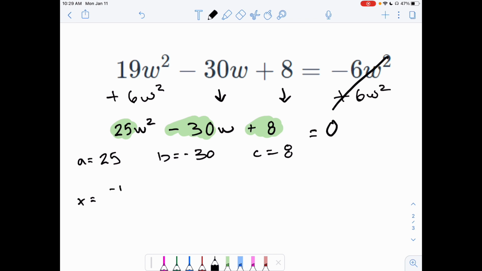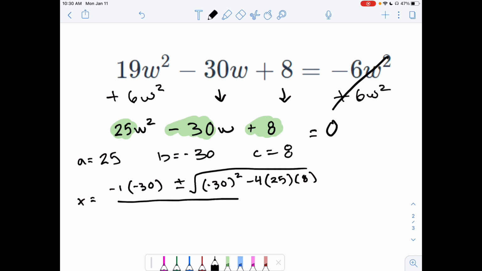So I need -1 times my b value plus or minus the square root of my b value squared minus 4 times my a times my c, which is 8, all divided by 2 times my a value.